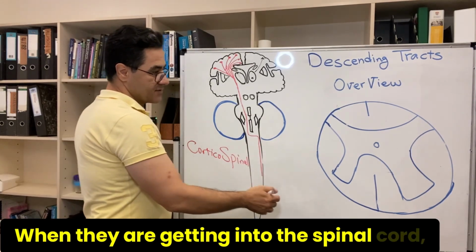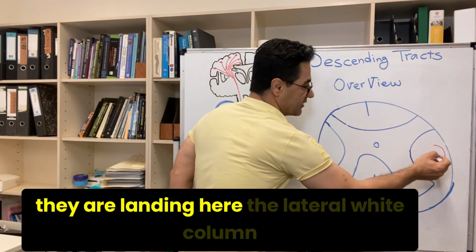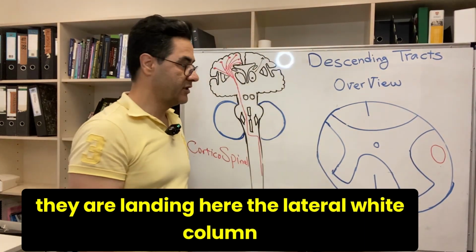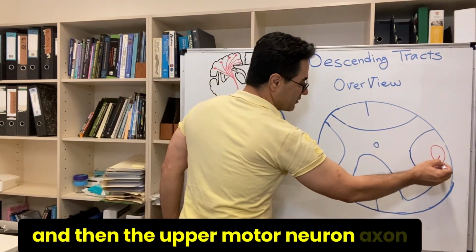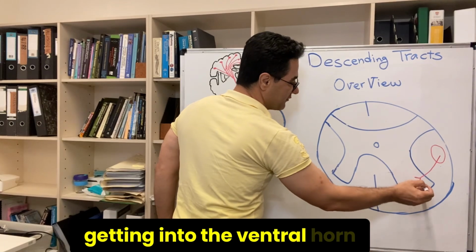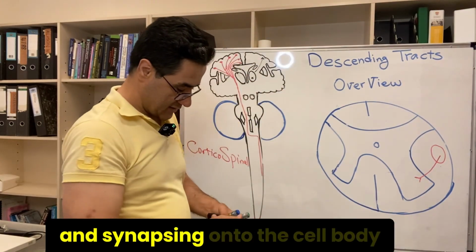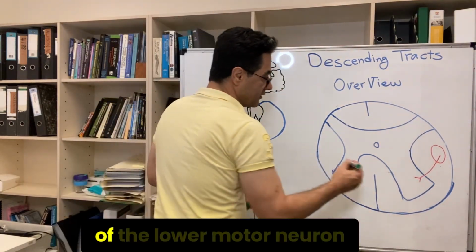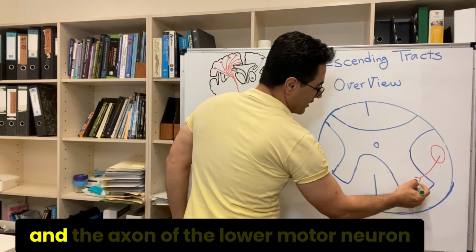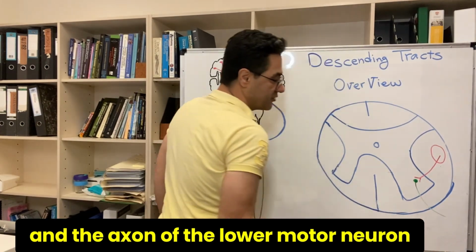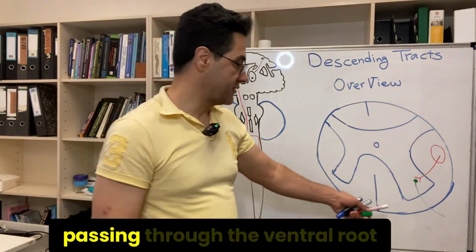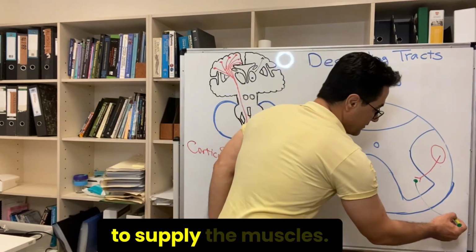When they are getting into the spinal cord, they are landing here, the lateral white column, and then the upper motor neuron axon getting into the ventral horn and synapsing onto the cell body of the lower motor neuron, and the axon of the lower motor neuron exiting the spinal cord, passing through the ventral root to supply the muscles.